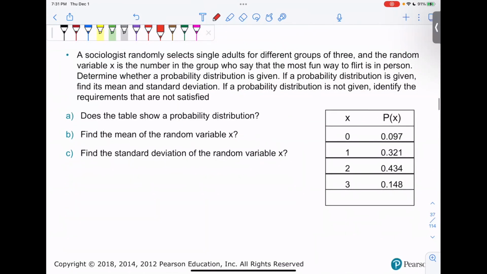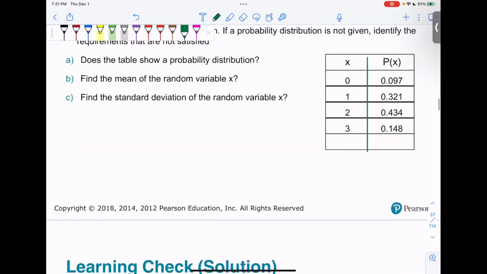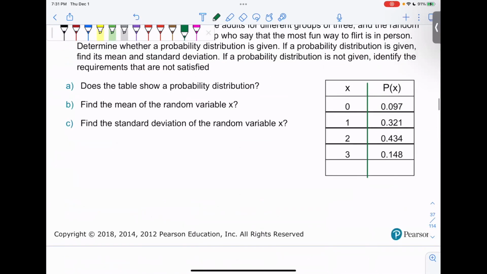Okay, then let's check now here. The first one, is this a probability distribution or not? If we add those values up, I think yes. The first condition: the values the variable takes must be numerical.